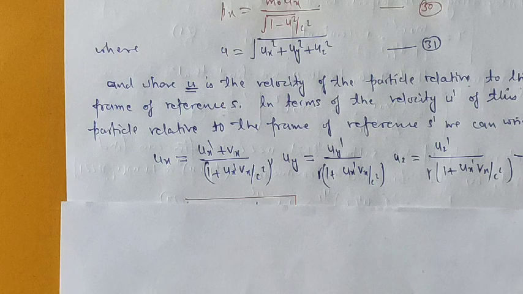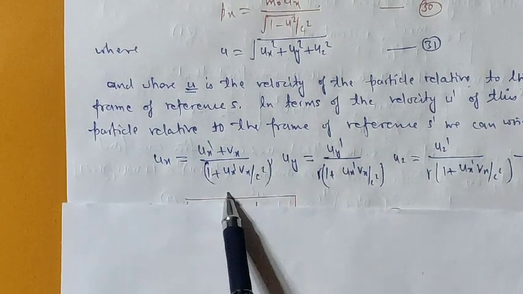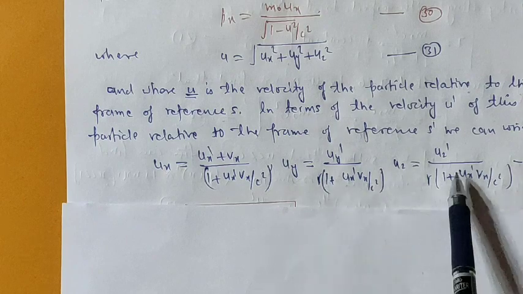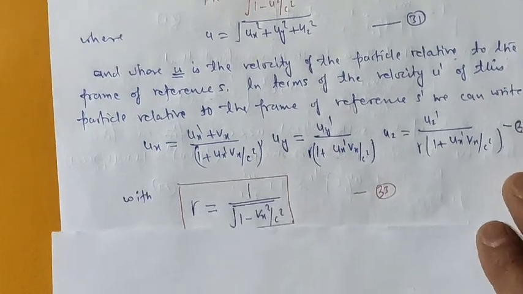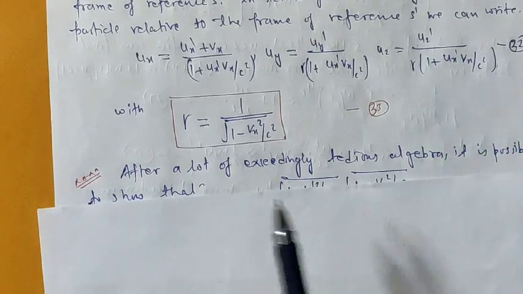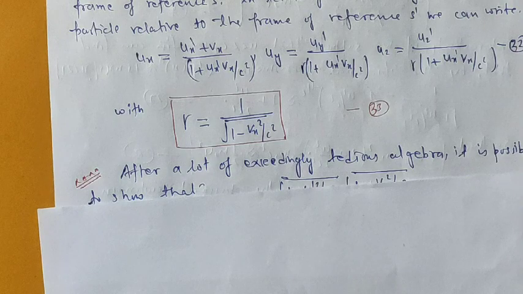We can write this because of the velocity transformation, equation number 6 in the previous lecture. Then ux is equal to (ux prime plus vx) divided by the relevant factor, with uy and uz given by their own relations. I am representing these with equation number 32, with gamma equal to 1 upon root of 1 minus vx square divided by c square.